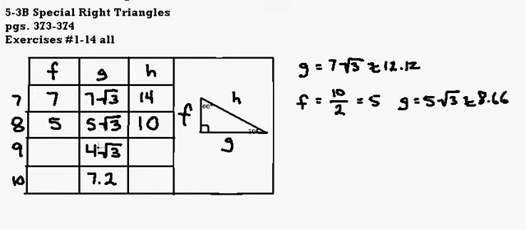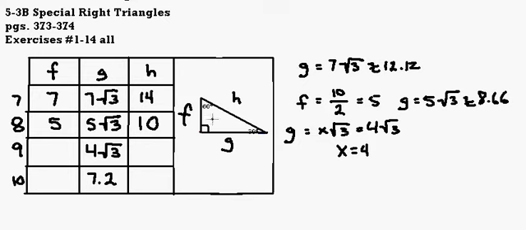Well, if g is 4 square root of 3, and we're going on problem number 9 now, so if the long leg, so g is equal to short leg times the square root of 3, and if that's equal to 4 square root of 3, that means that the x has to be equal to 4.